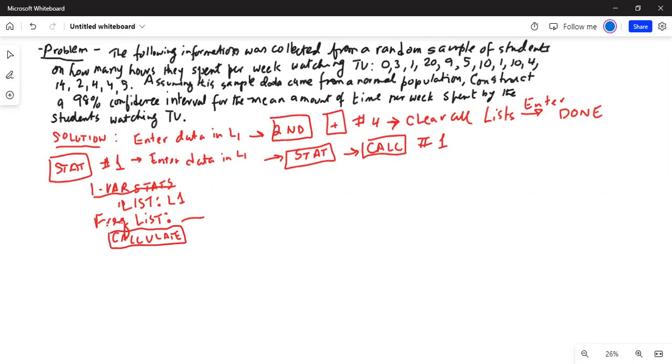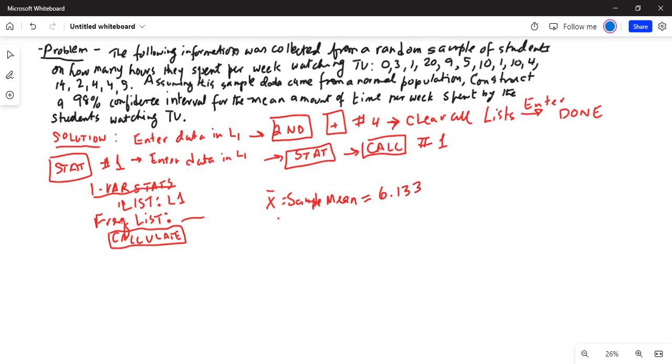So we are interested in x bar, which is the sample mean, and that is equal to 6.133.